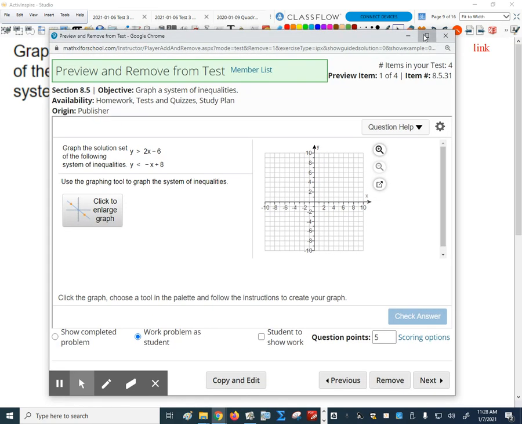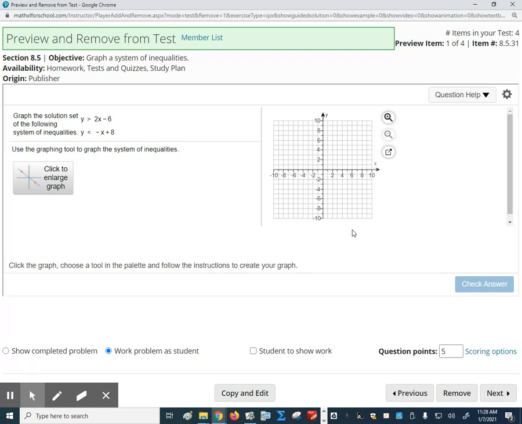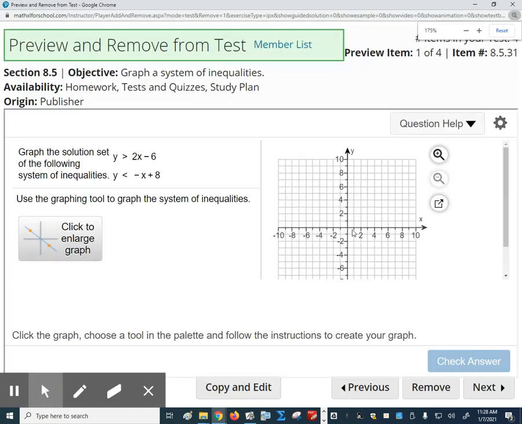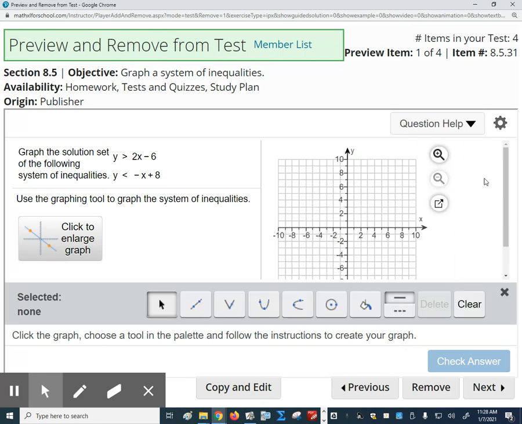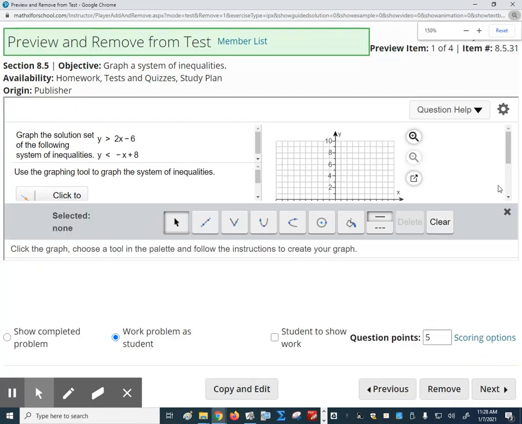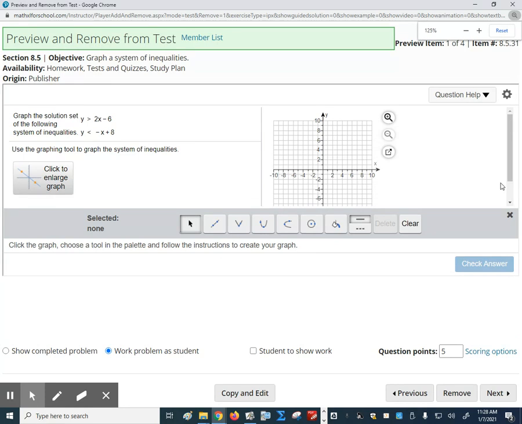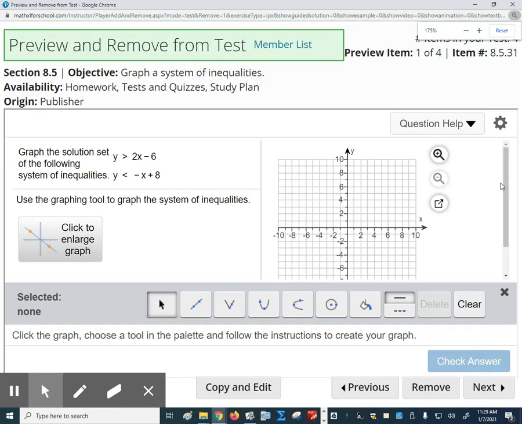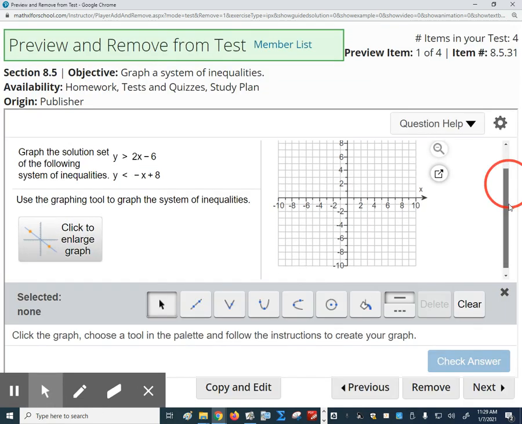Okay, here we go. You've probably used this tool already, but I just want to make sure you understand how it works. Oh, darn this thing. Okay, that'll work, I guess.